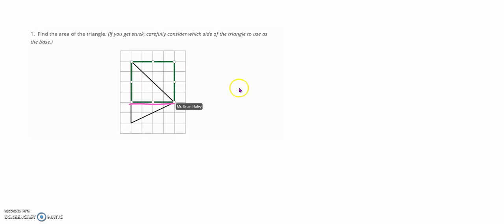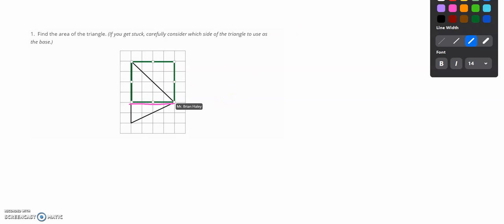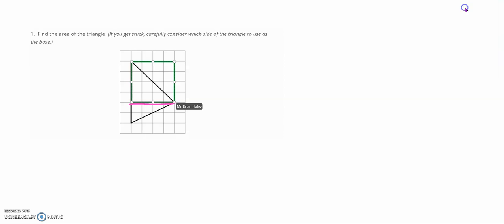There's one rectangle. Now we'll do another rectangle. The other rectangle is right here. Now hopefully we can see that they're both cut in half.